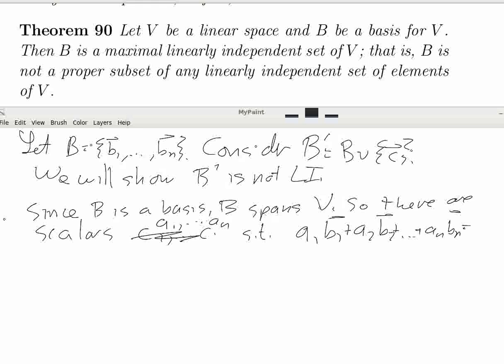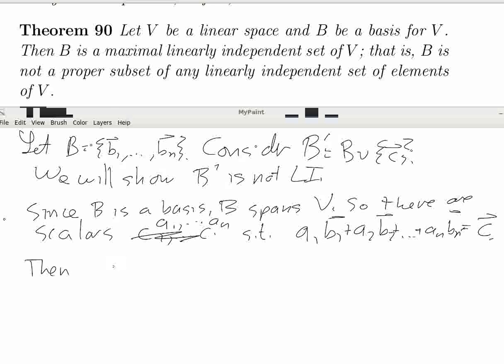Well, since it spans, I can put any element of V there that I want. I want it to be equal to C. B is a basis, so it spans, so I can find these scalars such that it equals C.